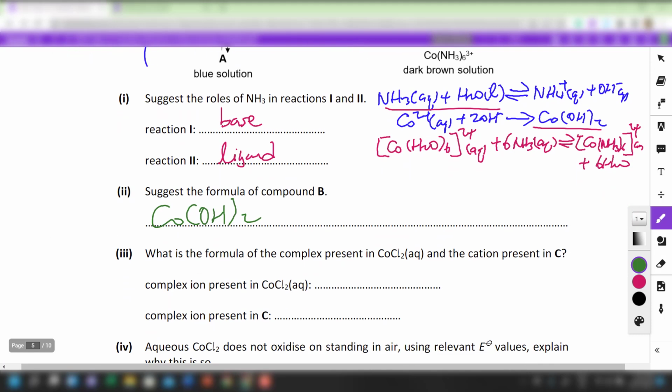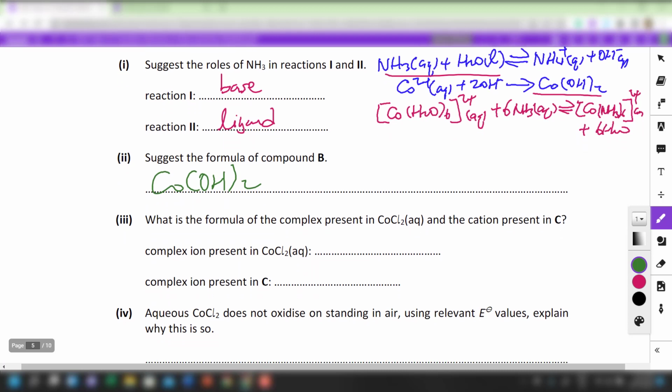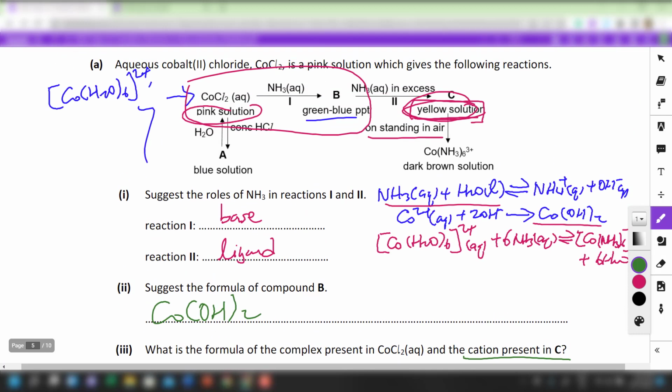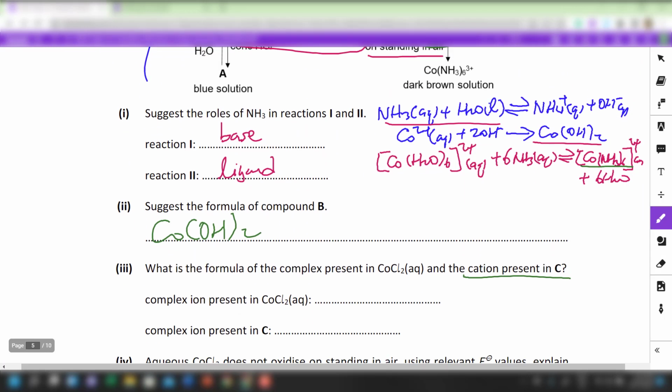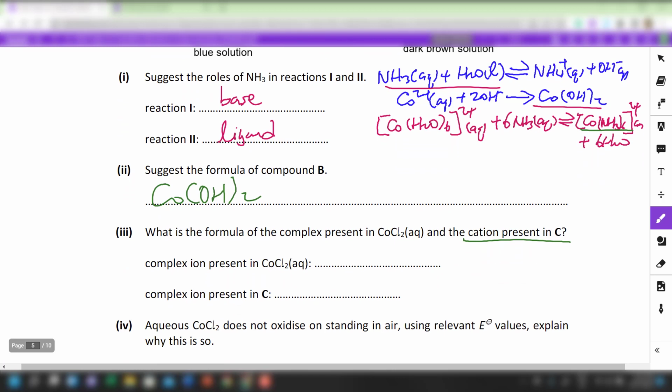For part 3, we are asked what is the formula of a complex present in cobalt(II) chloride and the cation present in C. Essentially it's over here, so we just copy what we have here. We're going to have the hexaaquacobalt(II) complex, which I'll write as 2 plus, and then for the one in C, that will be the hexaamminecobalt(II) complex.